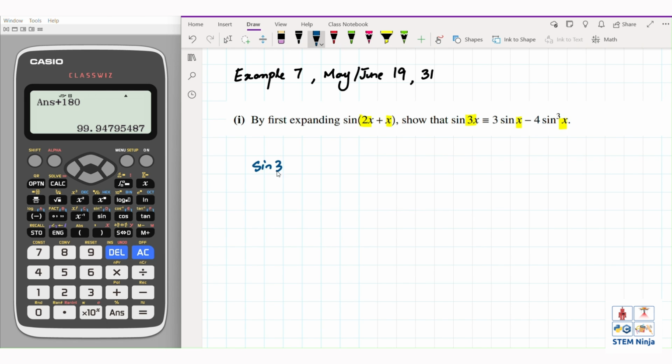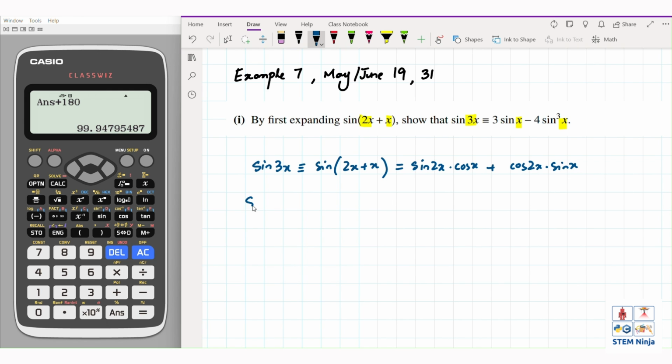So for sine 3x, obviously that means we can expand it as sine of 2x plus x. We will use the compound angle identity for sine. That will have sine 2x cosine of x plus cosine of 2x sine of x.